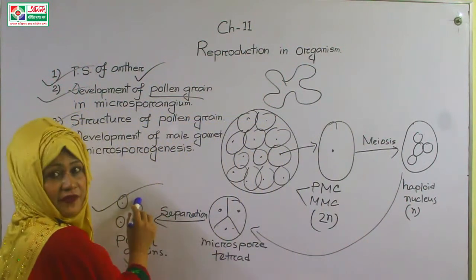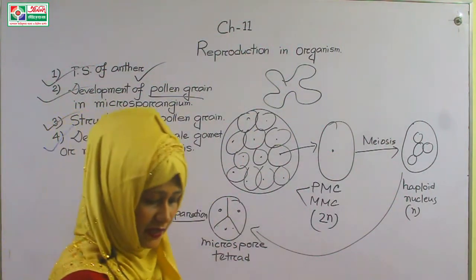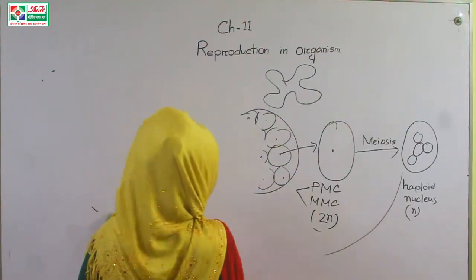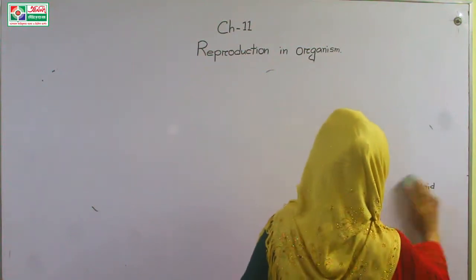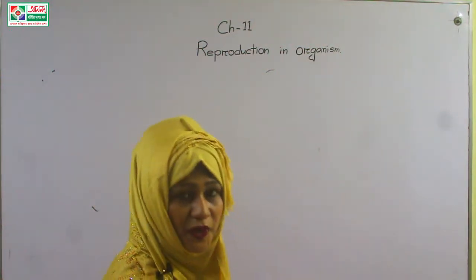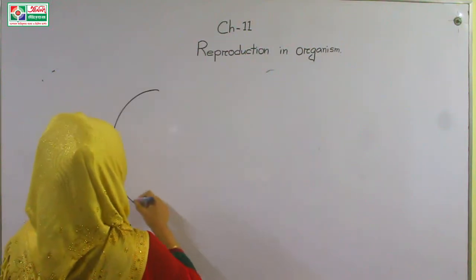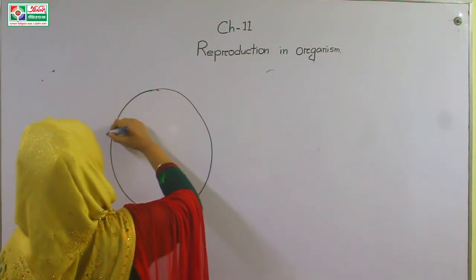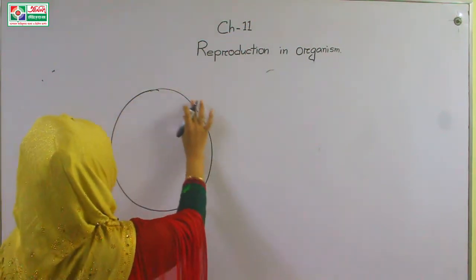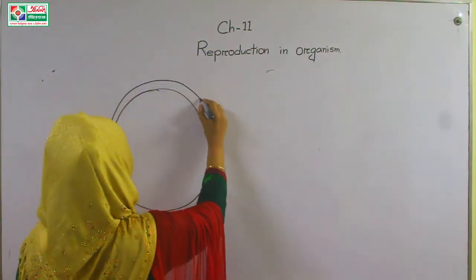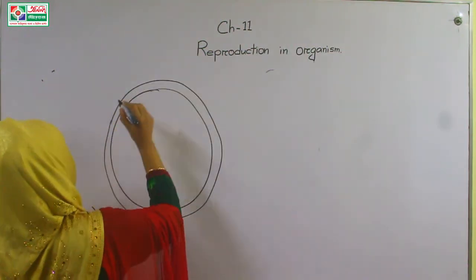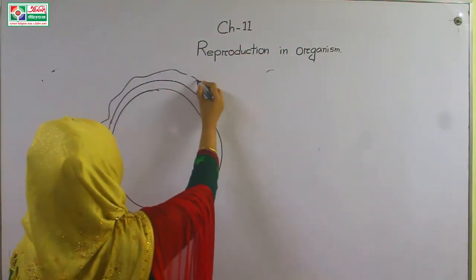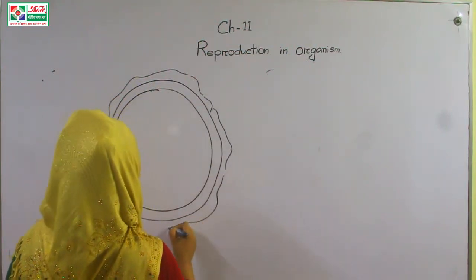Now, structure of the pollen grain side by side. This one is the pollen grain. What will be its structure? This is a typical pollen grain. This is the plasma membrane. After that, this one is the inner layer, and after that the ornamented outer layer.